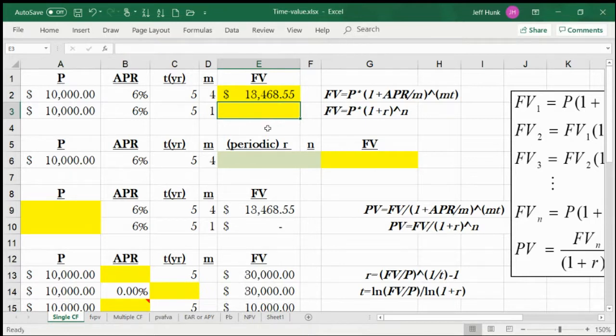Now, another thing is here. I told you before, you know how to copy and paste. If you did this first, you can simply copy and paste it down. But why do we need to do that? Is there anything different? Isn't that the same thing?